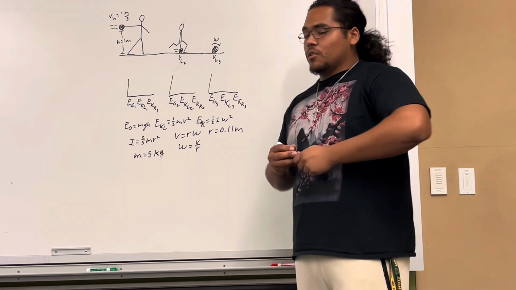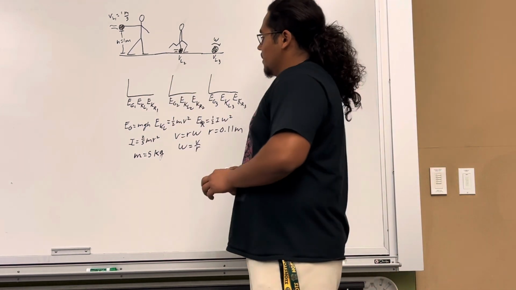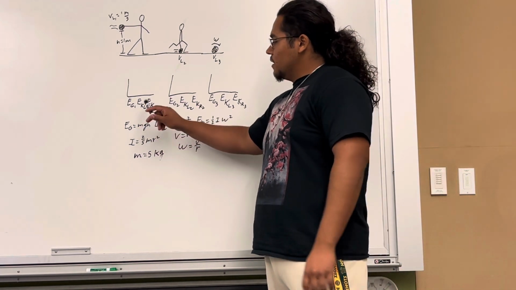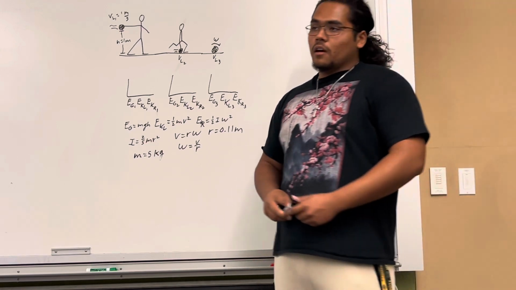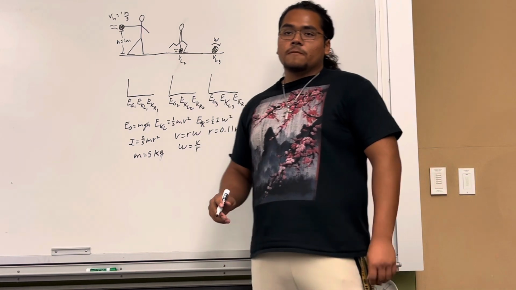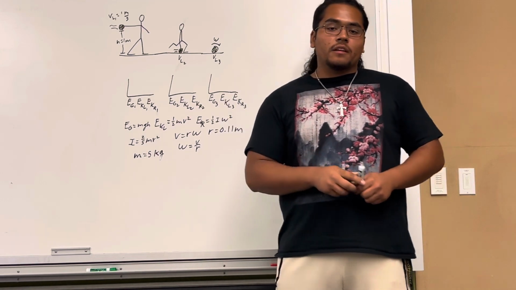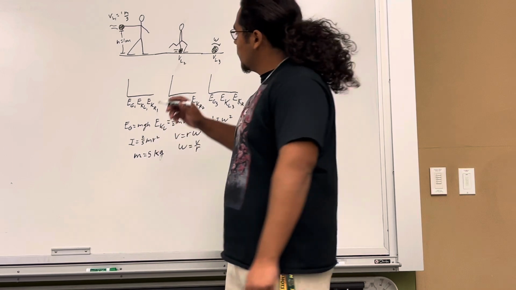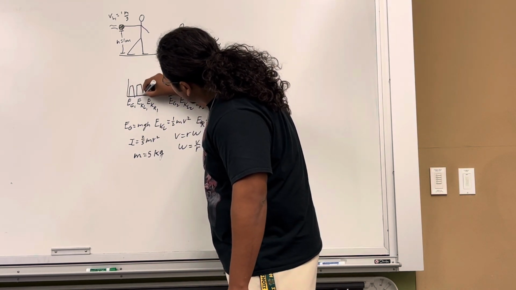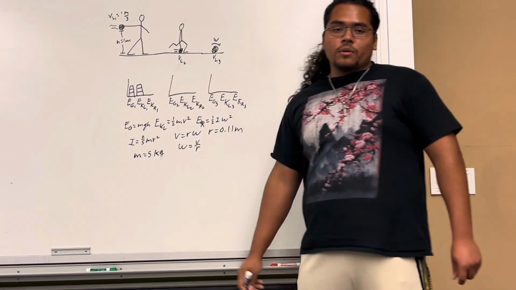So, for starters, in the first image, the energy that's being given off is gravitational and kinetic linear energy. And how we'll write that is we'll separate that evenly, three each.